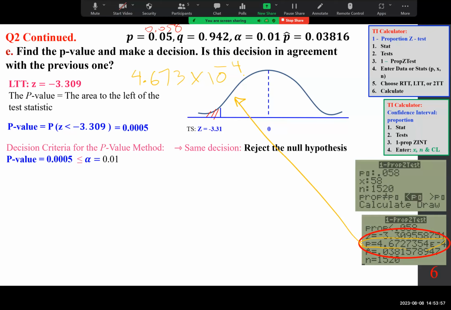And if you change this to a decimal, you have to move this 4 places, and it becomes this number. As you can see, it's very close to this. This is how you read the p-value.